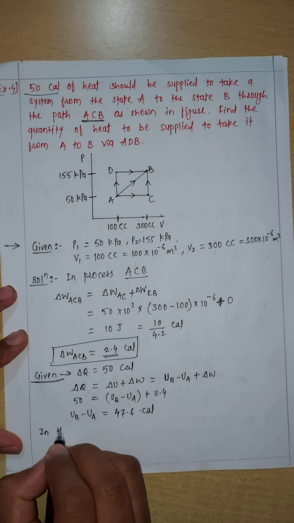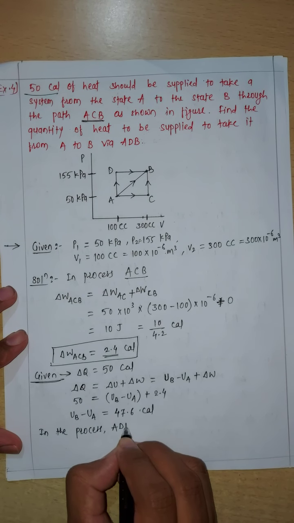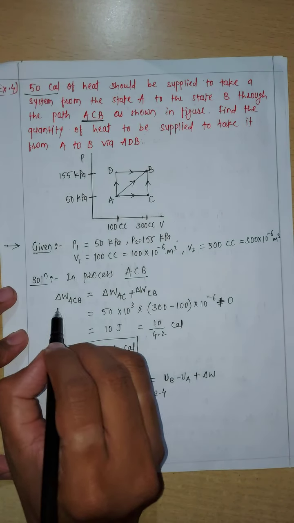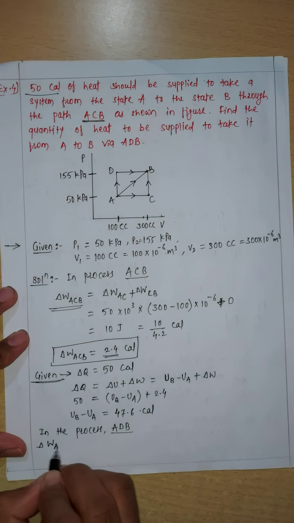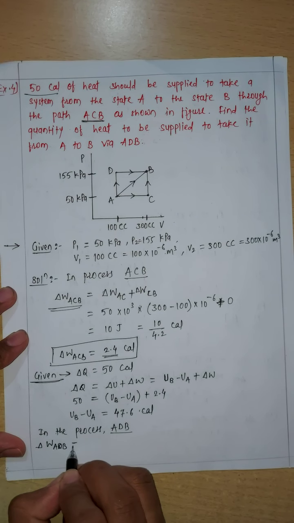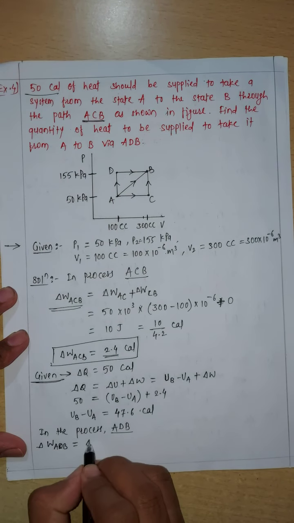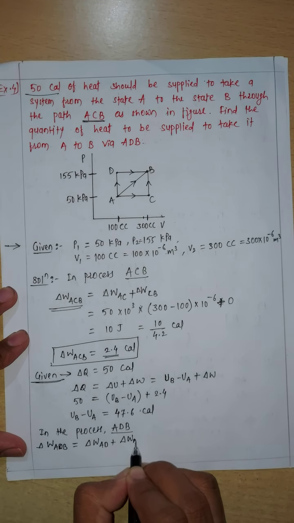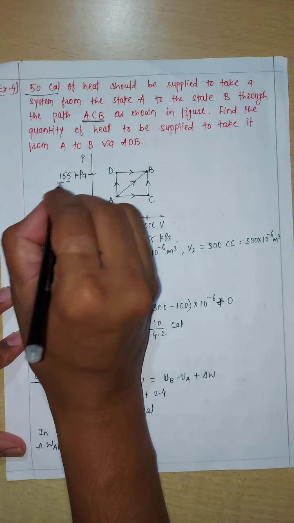Okay, now हमें क्या करना है, A D to B यहाँ तक इक्वेशन कैलकुलेट करना है. So in this process, that is ADB, इसके लिए हम क्या करेंगे, पहले वर्क डन फिर से कैलकुलेट करेंगे. जैसे यहाँ हमने ये वर्क डन कैलकुलेट किया था, तो उस हिसाब से ये जो वर्क डन आएगा डेल्टा W, that is ADB, and that should be equal to work A से D तक और D से B तक जाने के लिए. So delta W AD plus delta W from D to B. अभी W AD है 0 रहेगा, plus delta W D से यहाँ तक जाने के लिए ये प्रेशर है हमारे पास.